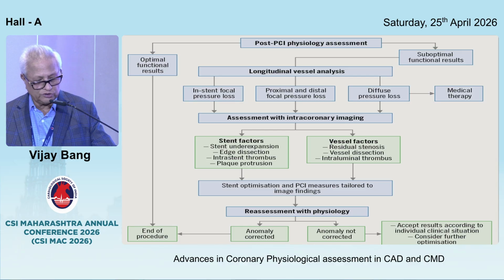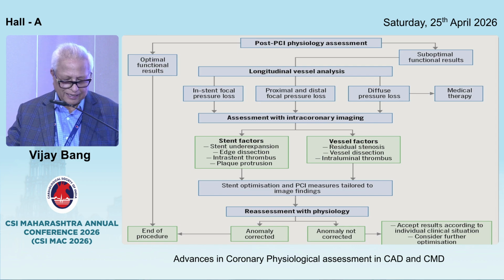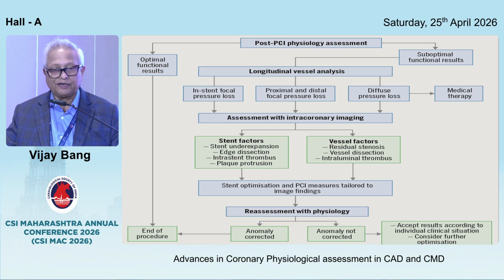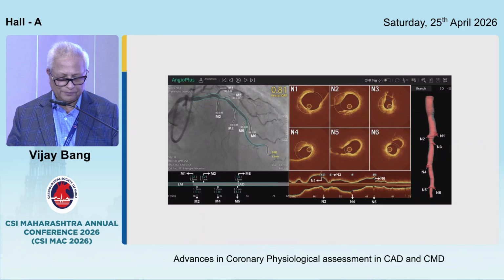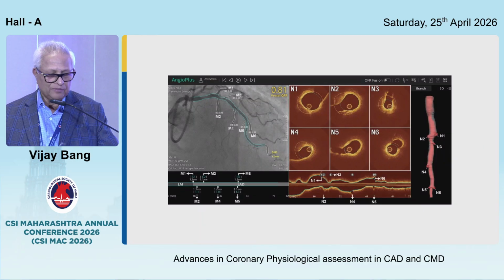All this we have to see, reassess, and find out if we can correct the physiological anomaly. If it is corrected, no need to do anything. If it is not corrected, then either CABG or advanced OMT, meaning advanced medical treatment.